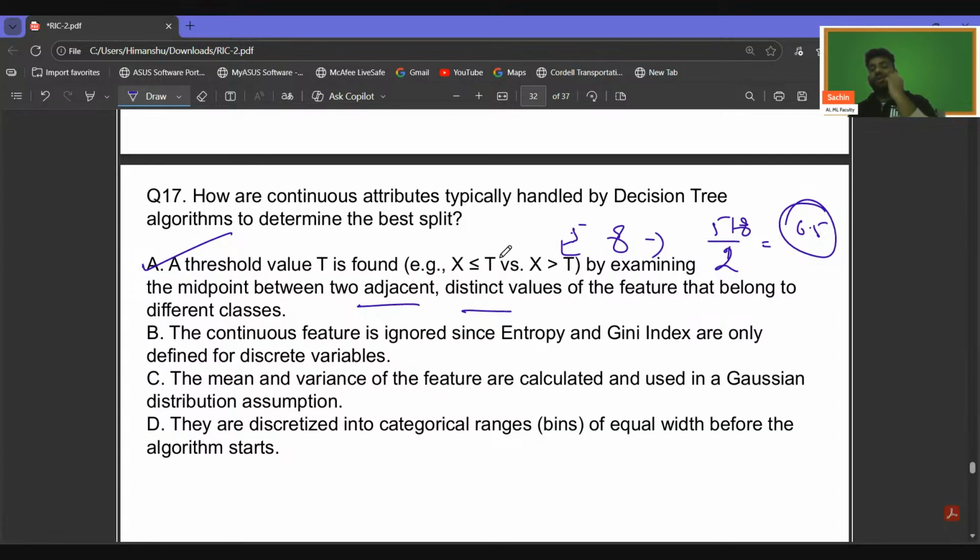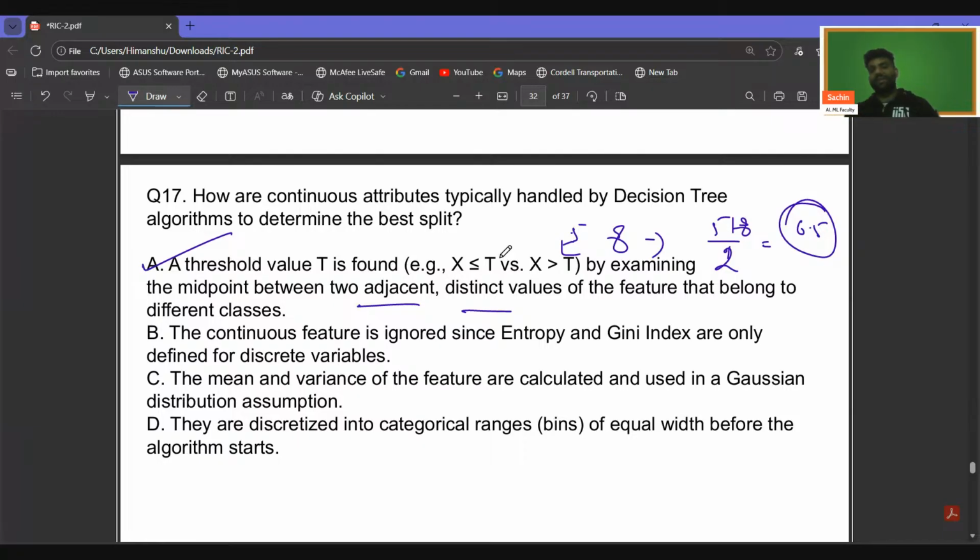Basically, in the case of regression, the way we calculate for regression problems, we generally do something like that only. Wherever we get the lesser error, the mean squared error, we go by that. It's not written whether it is classification or regression, but in classification also we do something like this.